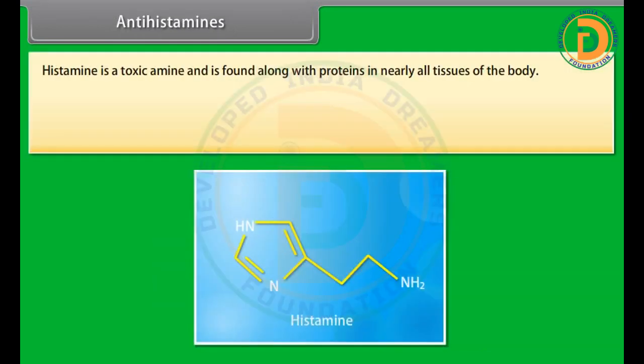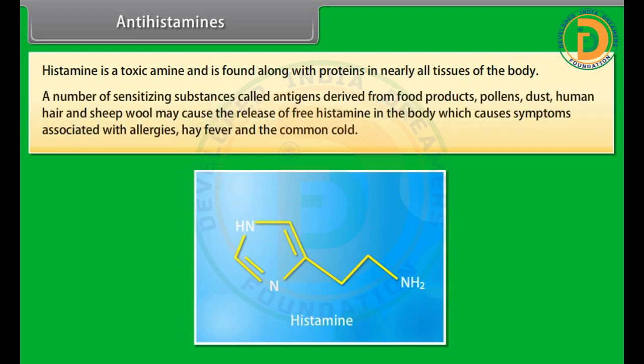Antihistamines. Histamine is a toxic amine and is found along with proteins in nearly all tissues of the body. A number of sensitizing substances called antigens, derived from food products, pollens, dust, human hair and sheep wool, may cause the release of free histamine in the body, which causes symptoms associated with allergies, hay fever and the common cold.